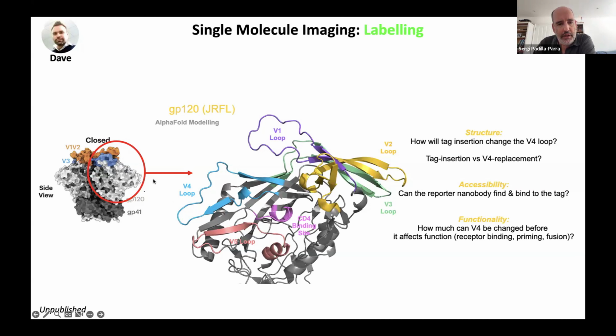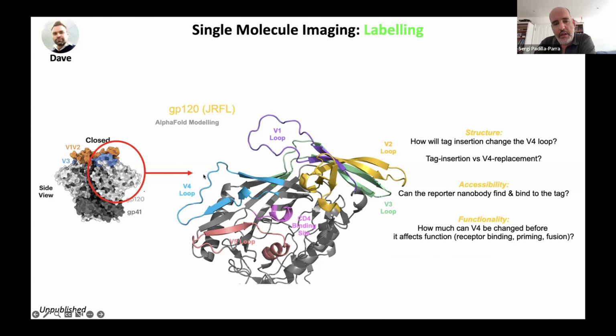And basically, if you look closer, there's a number of variable loops, and we have actually chosen the variable loop 4 to insert here a polypeptide domain that is going to actually be helping us so that we can use nanobodies, single domain antibodies that will engage with this polypeptidic insert that we're going to be using as a docking site.